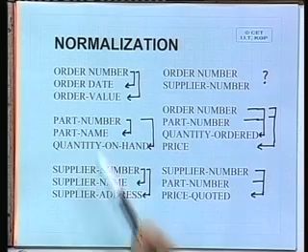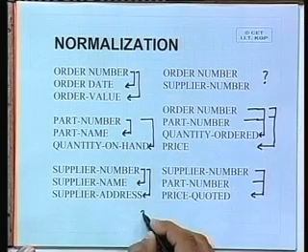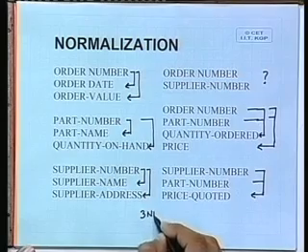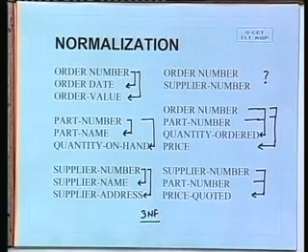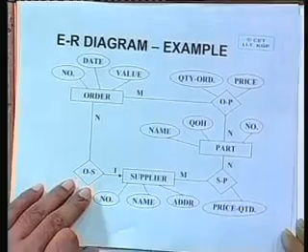Therefore, we can say that this is in 3NF, right. So, this is a third normal form design. Okay. Now, let us find out the entity relationship diagram for the same one.